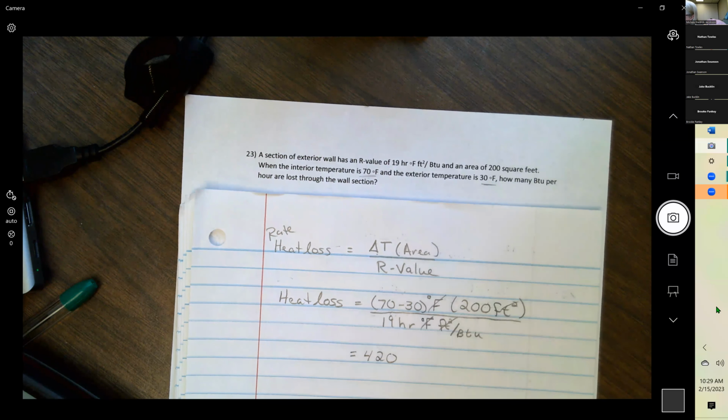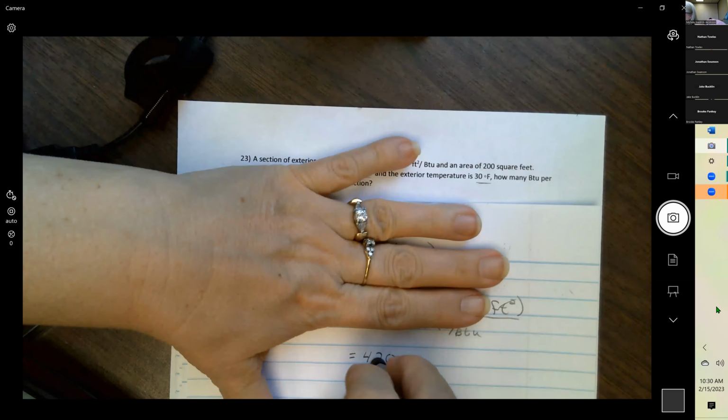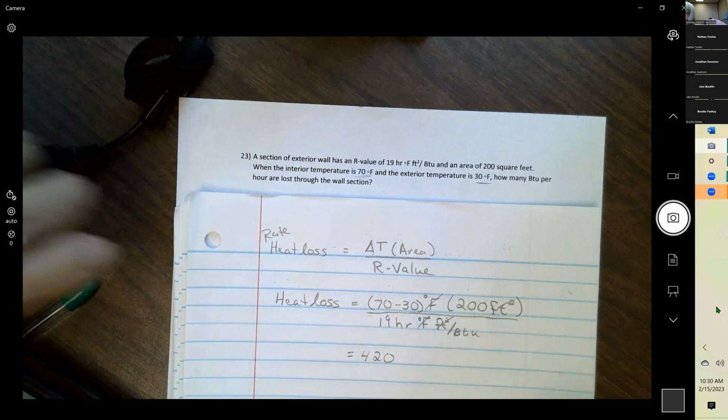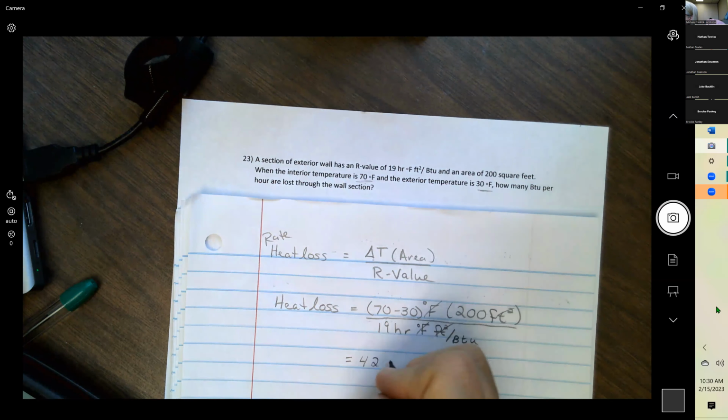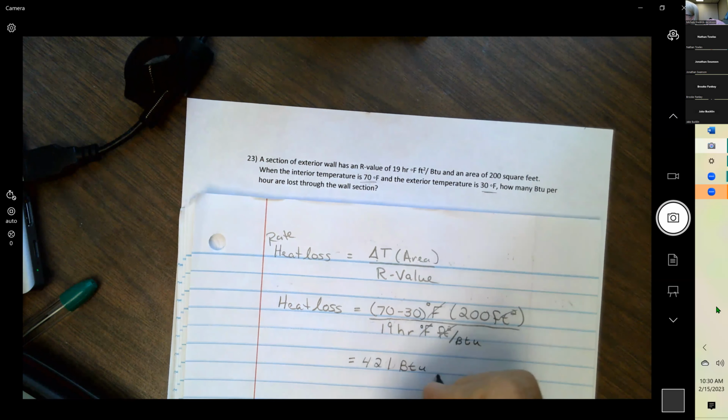It seems a little large. Let me make sure. 40 times 200 divided by 19. Are you getting 421? I did.